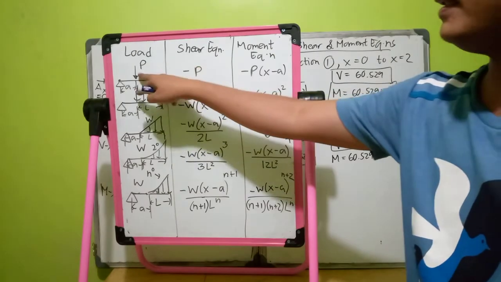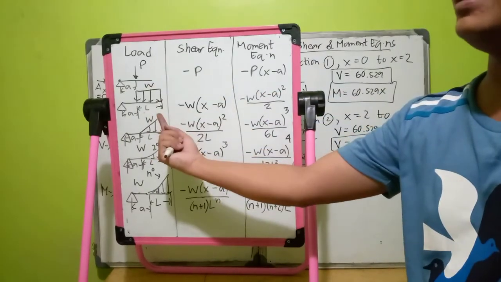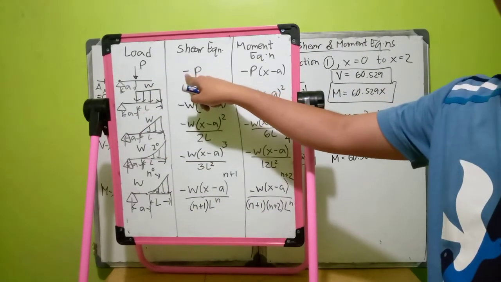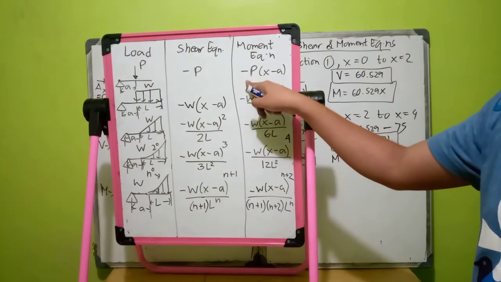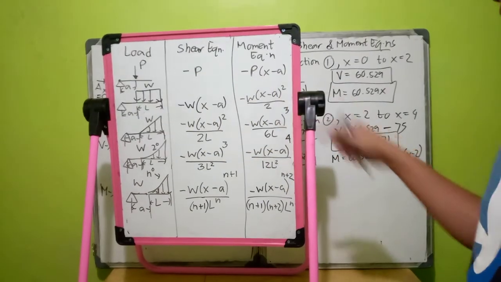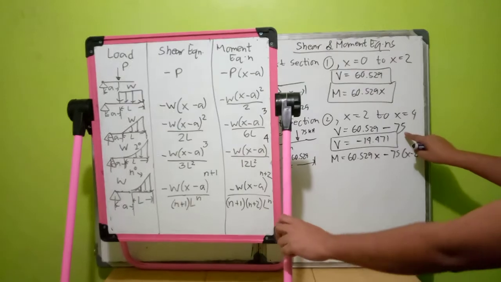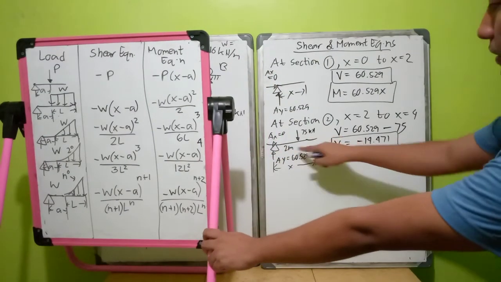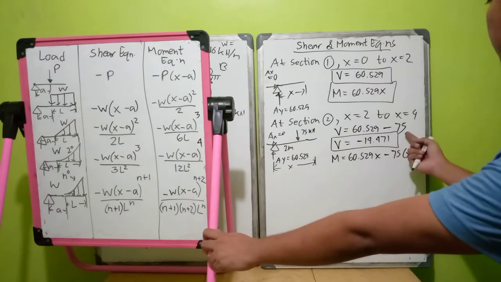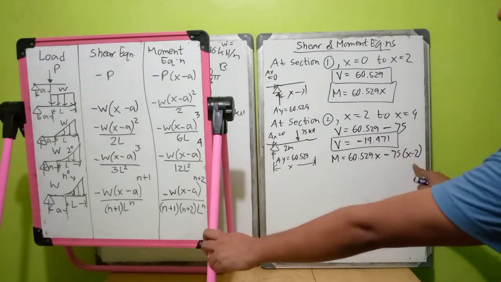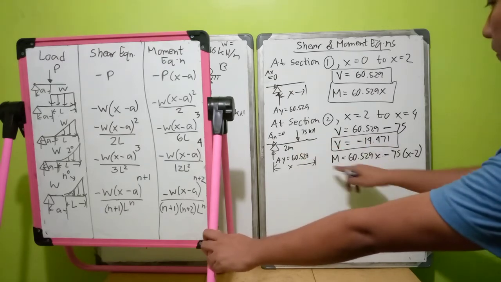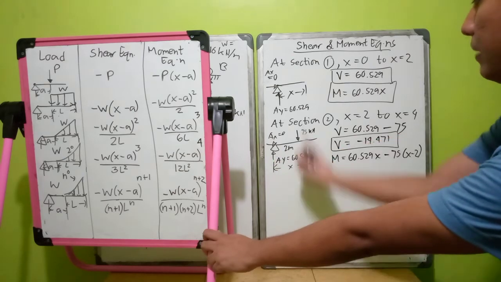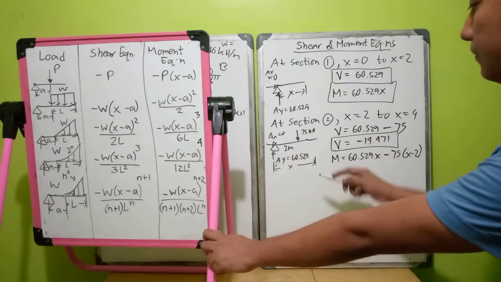Okay? So if this load is upward instead of downward, this is positive and this will be positive. Okay? So since the 75 is located 2 meters from the support, you multiply it by X minus 2, in which the A is 2. But here, your AY is upward, 60.529.